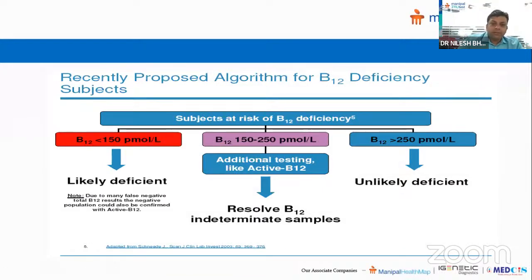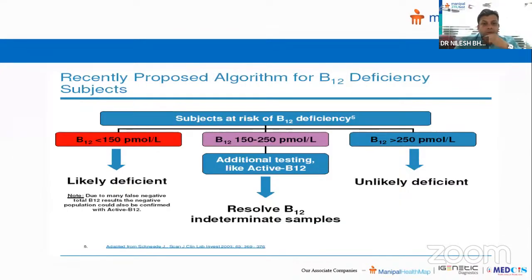If the total B12 levels are between 150 and 250, this is a gray zone. In this patient you need to do additional testing like HoloTC, because if the HoloTC is normal, then there is a very rare chance of developing B12 deficiency. And whenever the B12 level is more than 250, these patients are unlikely to be deficient in vitamin B12.